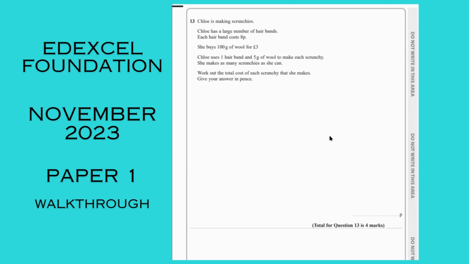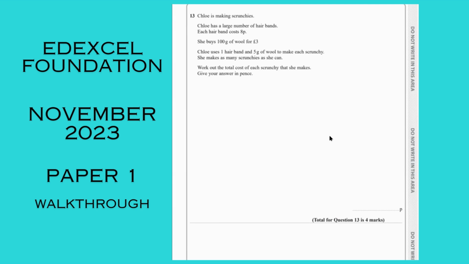On to number 13. Chloe has some scrunchies. So, 100 grams of wool cost £3. Answers in pence. Let's go to pence. This is non-calc, so let's keep it simple. Let's knock 2 noughts off.